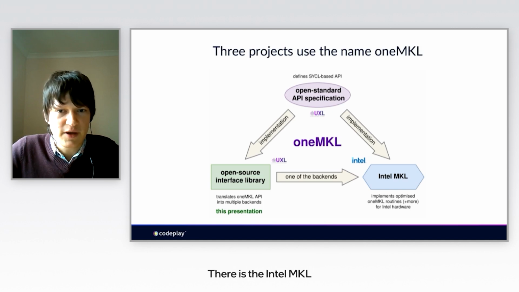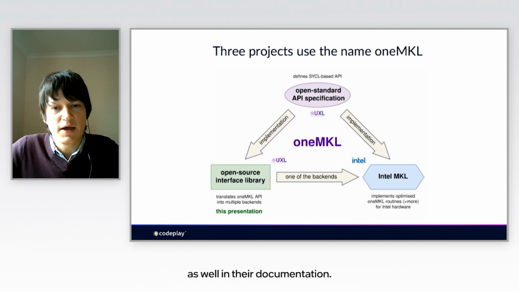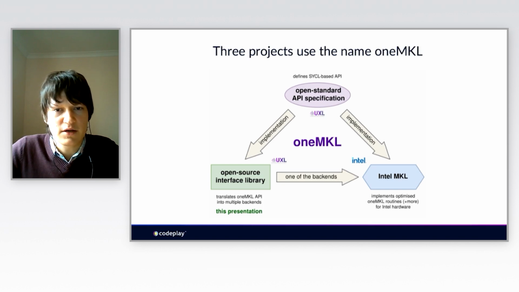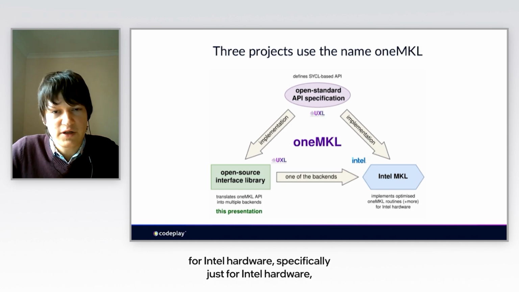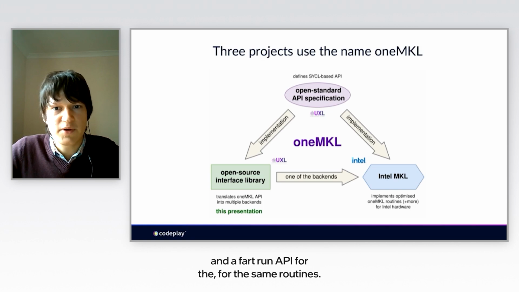There is the Intel MKL, which Intel usually refers to as oneMKL as well in their documentation. It's an implementation of the standard with the SYCL API, and it provides optimized routines for Intel hardware specifically, just for Intel CPUs and GPUs. That also comes with other things that are not in the standard. For example, it also offers a C API and a Fortran API for the same routines.